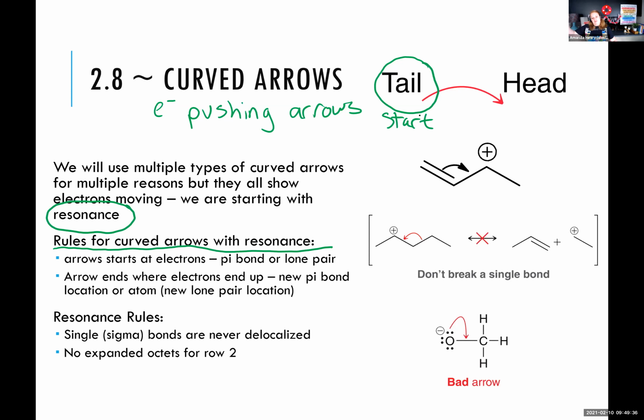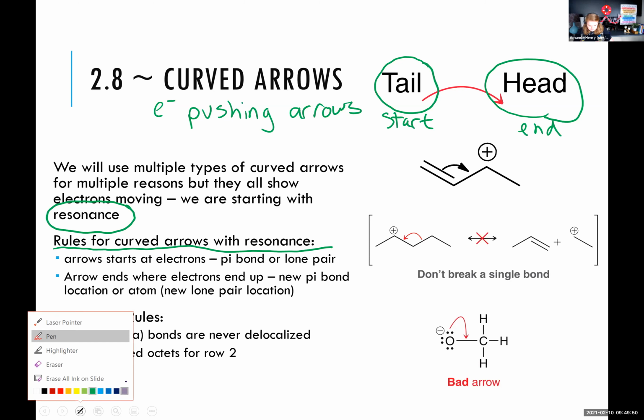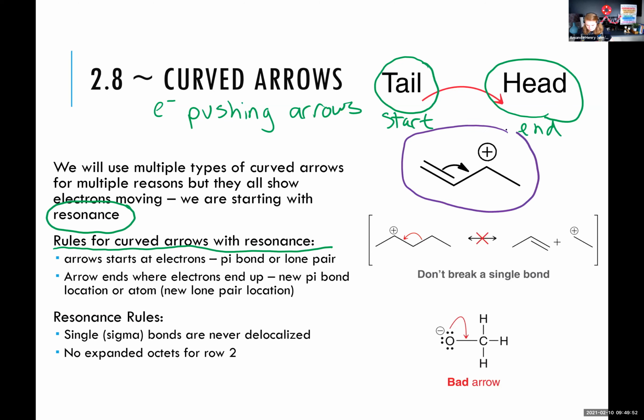And then we draw the arrow to the end point, or where the electrons are going to end up. So that first example right here, we're starting at those pi electrons at that double bond, and we're moving them to in between carbons 2 and 3.